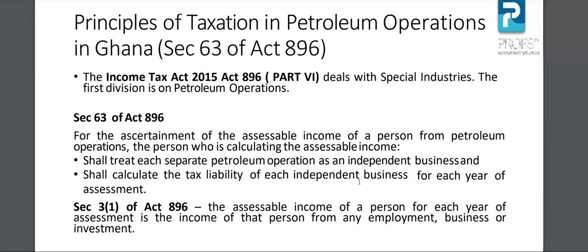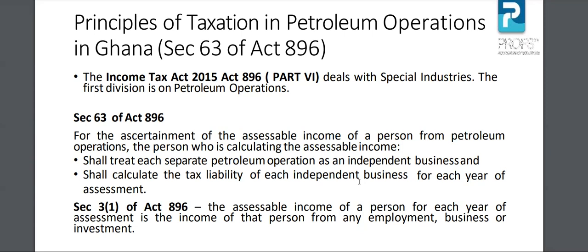So we are now at the taxation aspect. When you look at the Income Tax Act, we have a section for specialized industries. I think Part 6 being I. So you begin to see petroleum and mining over there.